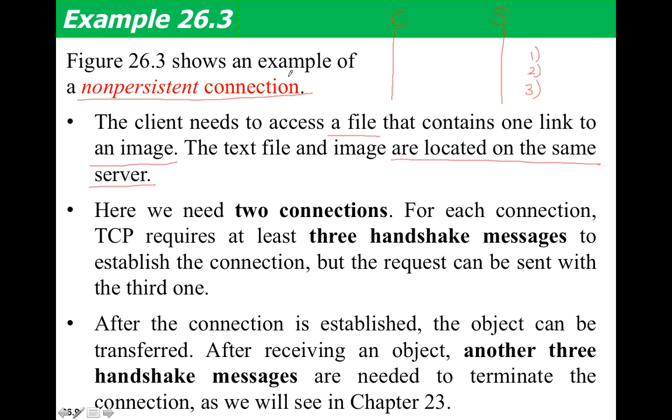But because it is non-persistent, every entity that we access, the file and the image, will have a separate TCP connection. So we would first establish the handshake, then for the file we do the data transfer, and then we do connection termination. Again, we establish another connection for the image, do the connection establishment, do the transfer of information, and then do the termination.